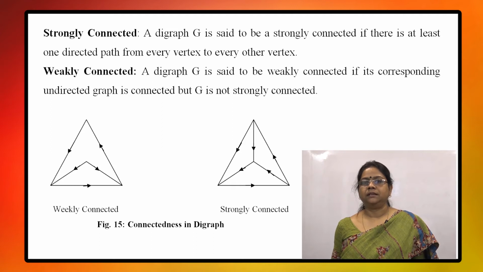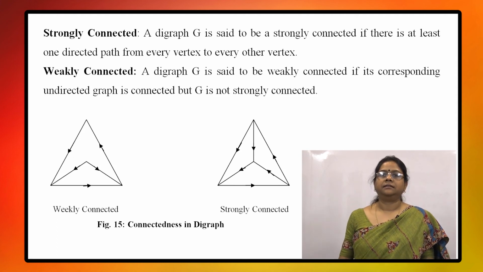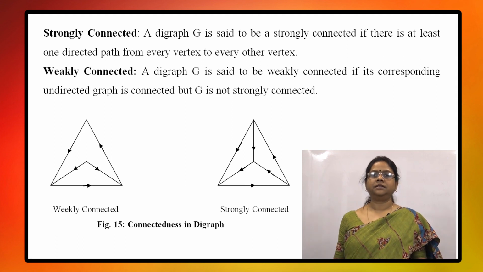But in the left side weakly connected graph, we can see that between some pairs of vertices there is no directed path, but the underlying graph is a connected graph. So it is a weakly connected graph, and the second one is a strongly connected graph. We can define the connectedness in a digraph in these 2 ways.